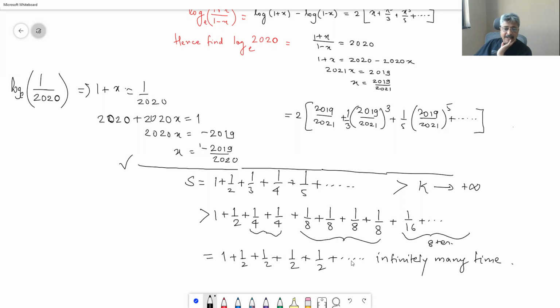And therefore, if you keep adding half infinitely many times, of course, this is going to be divergent. And this quantity is smaller than the required quantity, and the smaller quantity is divergent. Therefore, S is divergent.